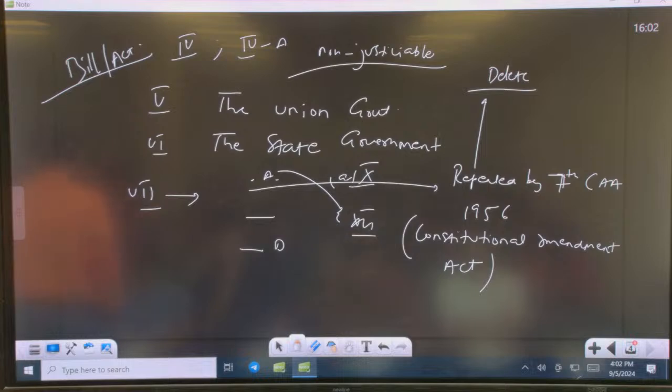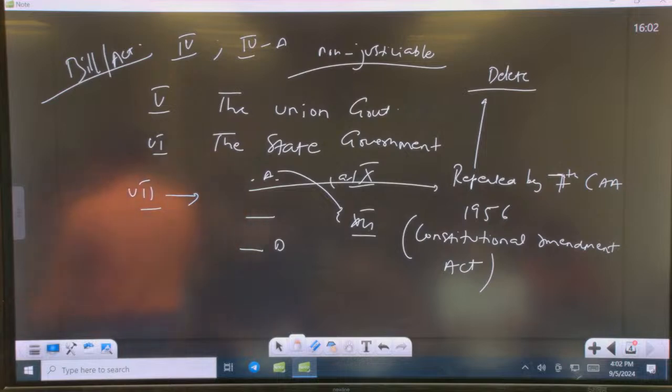Only some things require amendment to the constitution, and those acts are called constitutional amendment acts. There is a separate process for it. A constitutional amendment act is passed in a different way as compared to a normal act.